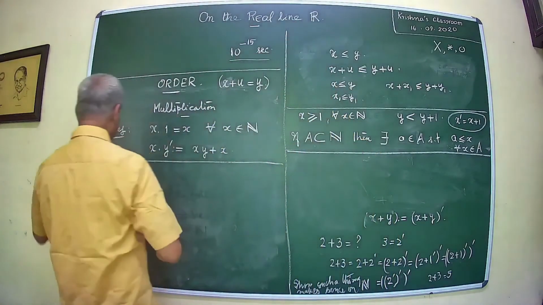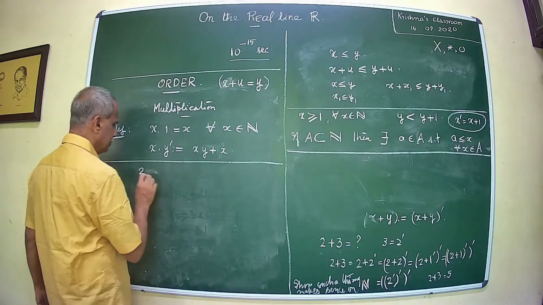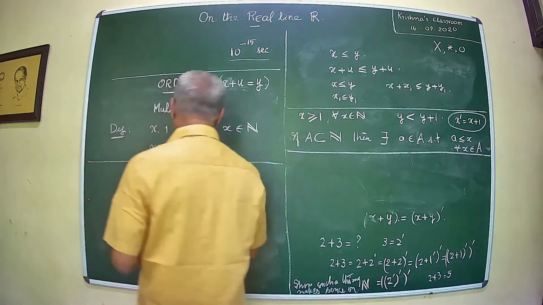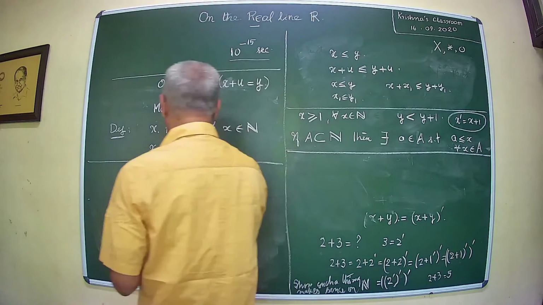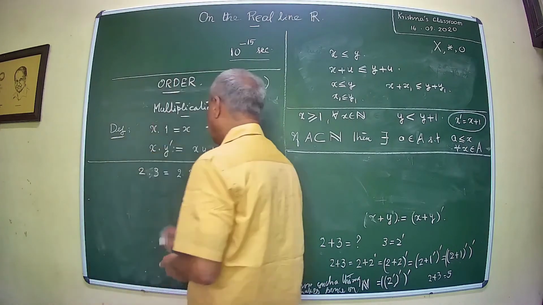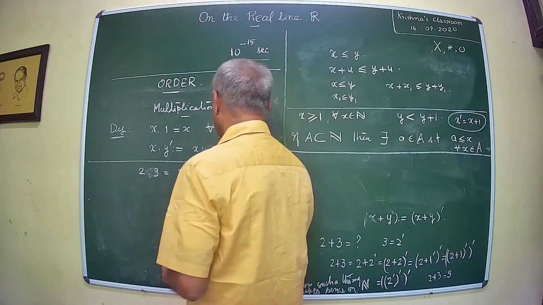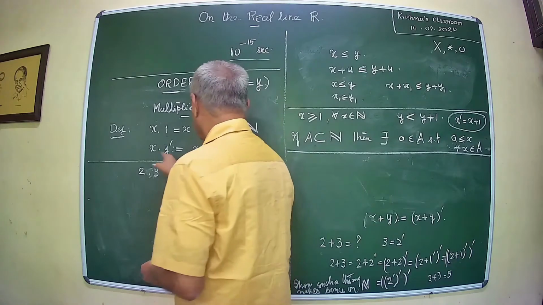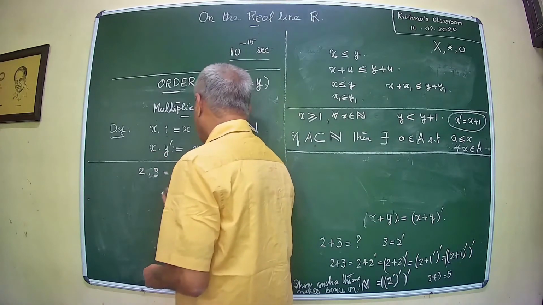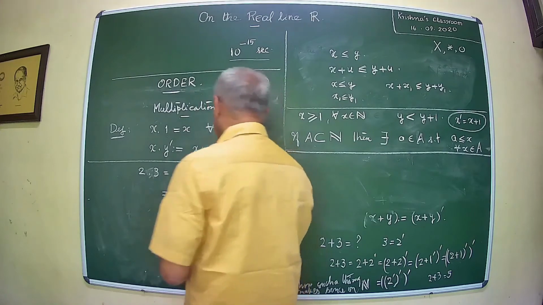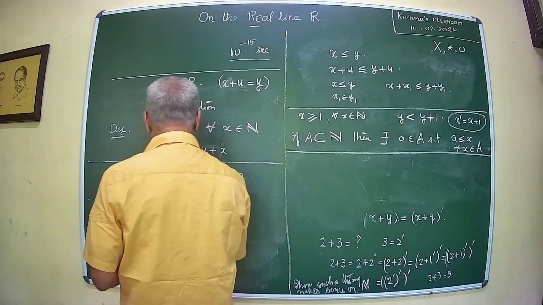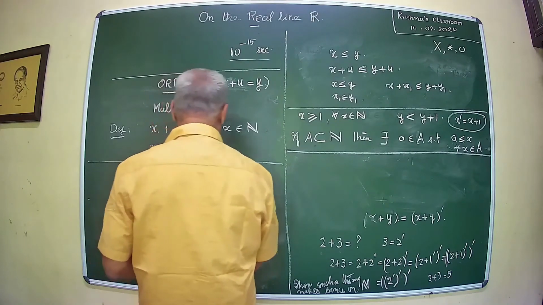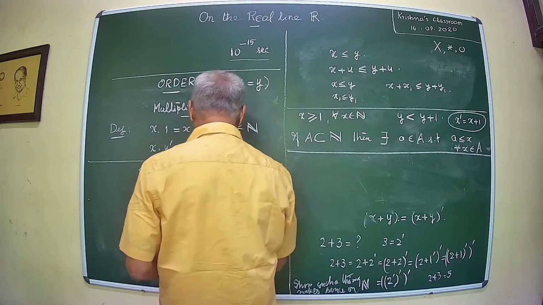Okay. Let us see whether this gives you the multiplication. Suppose you want to multiply 2 into 3. How do you write this? 2 into 3 is 2 into 2 prime. But what is 2 into 2 prime? This is equal to 2 into 2 plus 2. Okay? Yeah, I have used this. And let me again use this. So 2 into 2 is 2 into 1 prime plus 2. What is this?